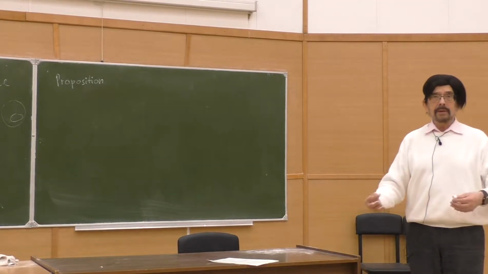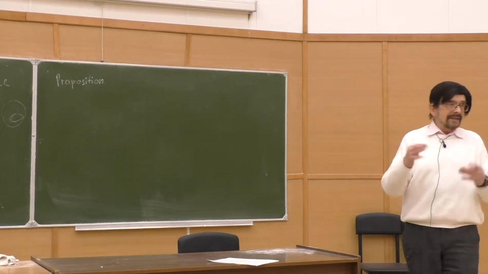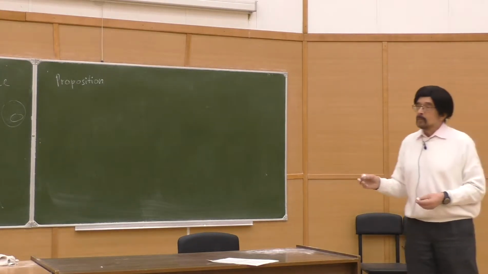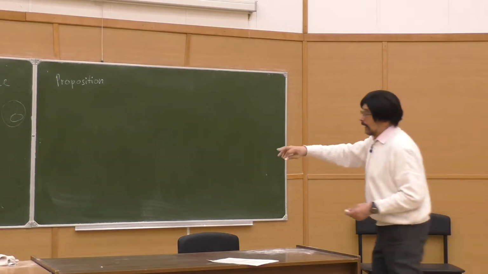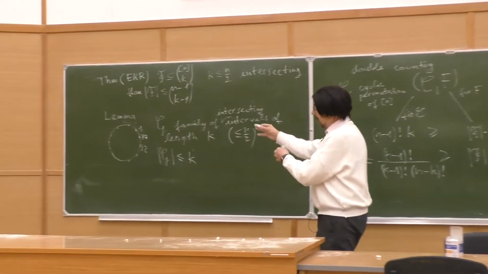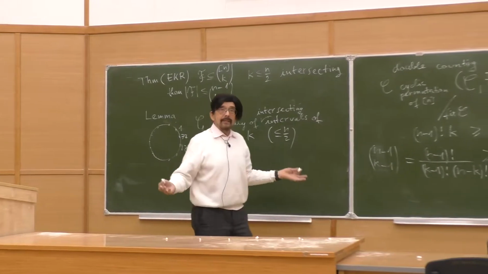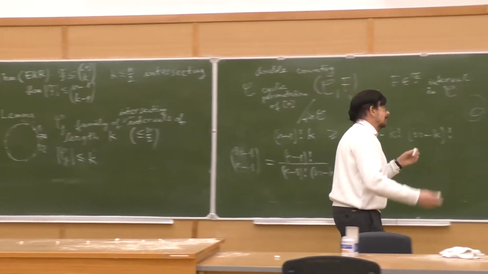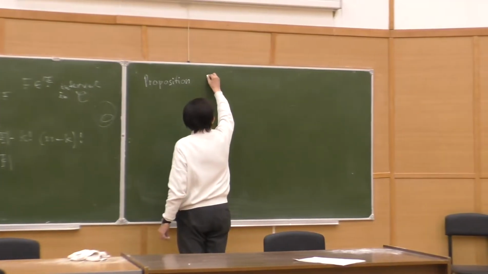So it's an important result in the theory, but easy to prove. That's the proposition. A lemma is like this one. Then somehow it's different. It doesn't say anything about real families of subsets.